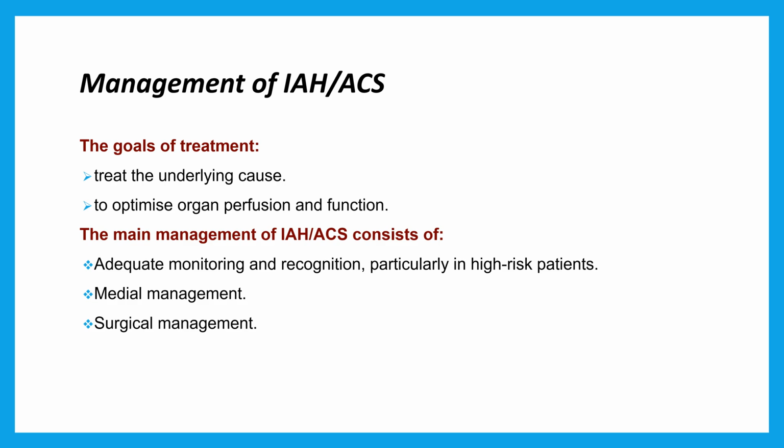Second, we have to put in mind optimizing the organ perfusion, because as we said before, the perfusion pressure is now different from the MAP. Normally we set the MAP target, for a patient of 2-3 years old, at around 50, or whatever the target is for the age of the patient. Now we have to put other targets because we have to optimize the organ perfusion.